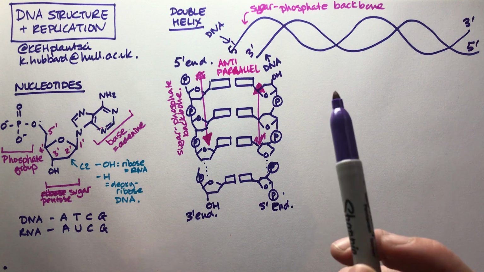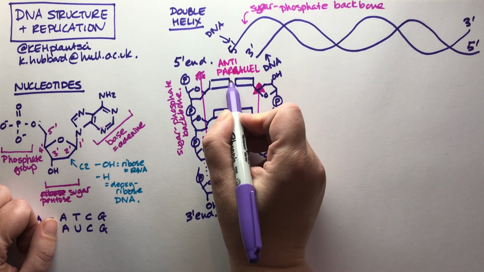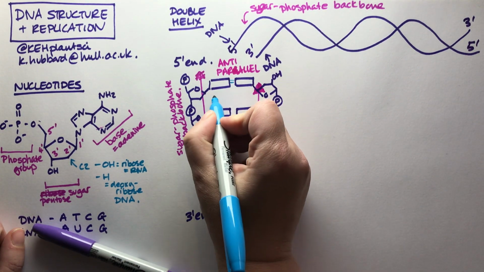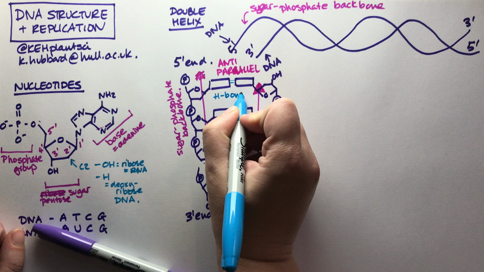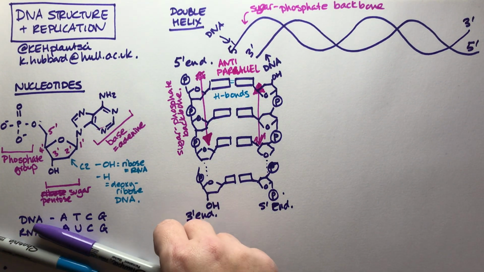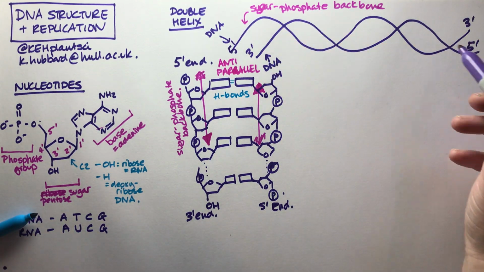Where are the bases? Well, you can see in my cartoon here, the bases are in the middle and they form bonds with each other. So they form hydrogen bonds. They do so because of their base pairing, which I'll get onto in a second. So on this cartoon, those are the sugar phosphate backbones.